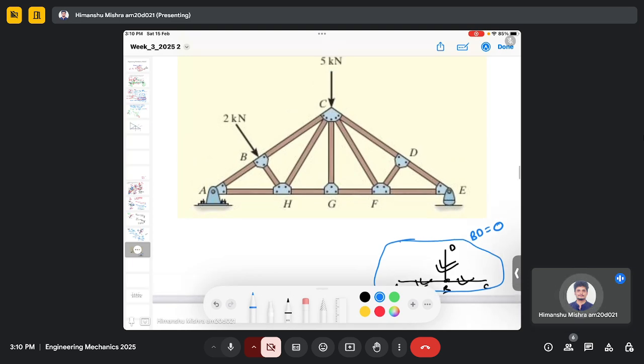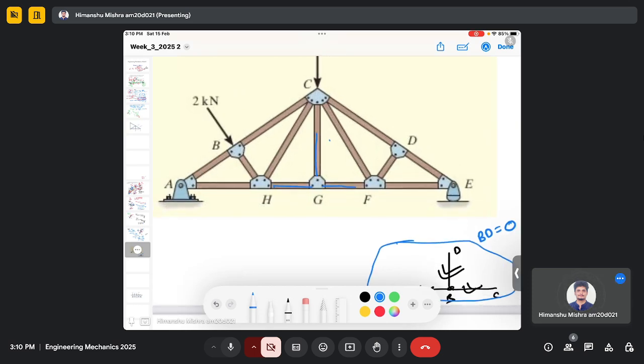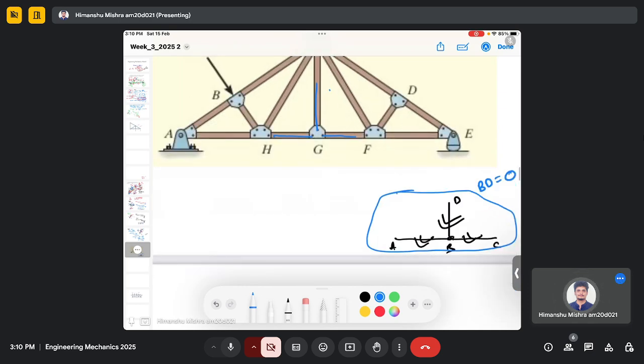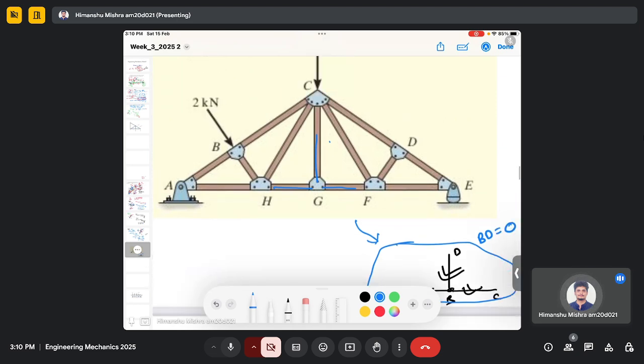So you can actually guess from this truss. Here we can see that the members HG, GF and CG have a similar configuration as shown in this figure, and we can predict that the force in this member CG is 0.